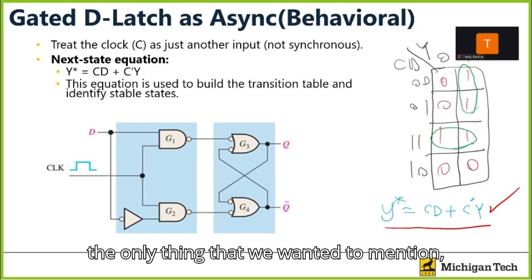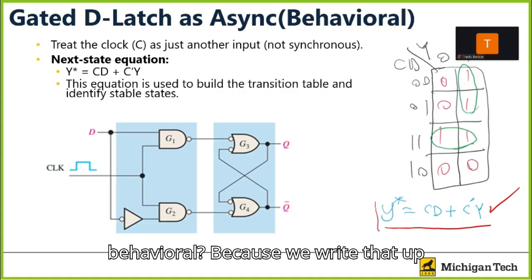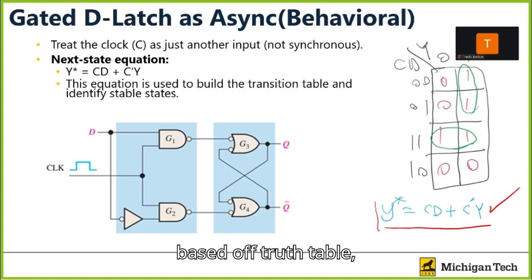The only thing we wanted to mention is that this is the behavioral equation for the D-latch. Why behavioral? Because we write it based off the truth table. But for the D flip-flop, the behavioral and the algebraic forms are actually equal. We can prove that.